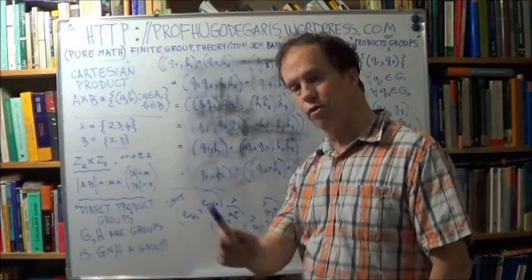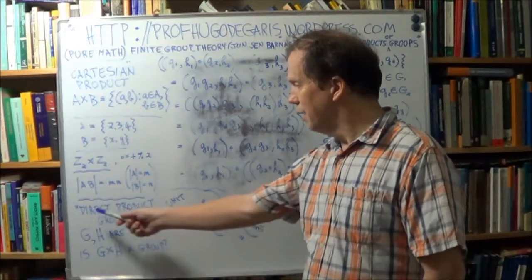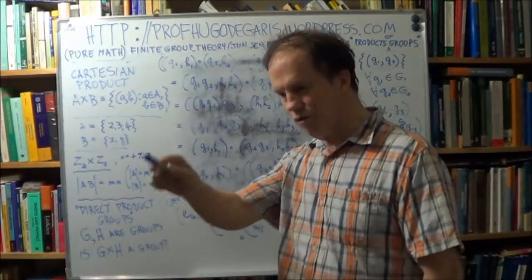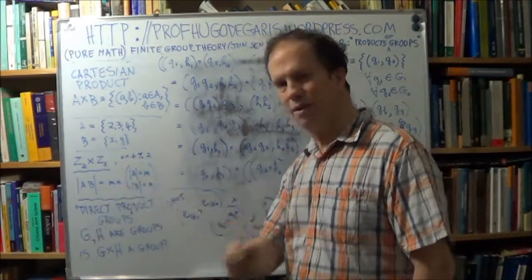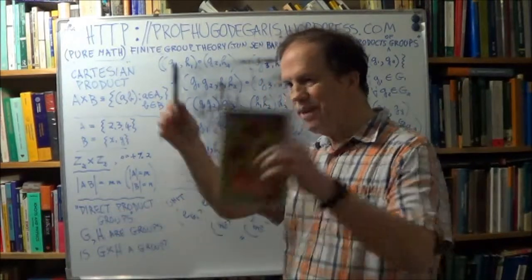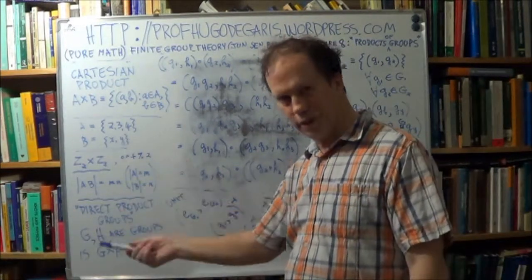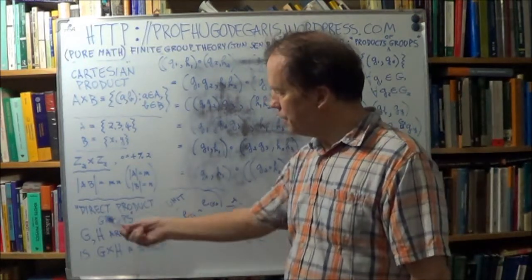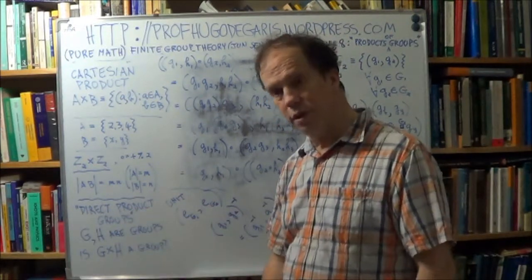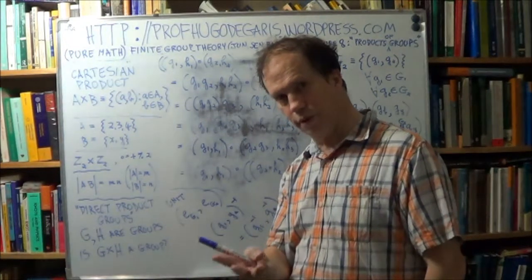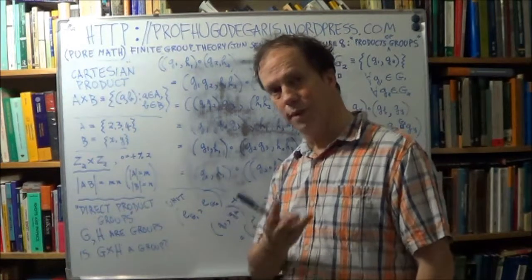In fact, there are three groups that get direct producted. So you have like group A cross group B cross C. And I won't go into details of what those groups are, but the basis of modern particle physics, the so-called standard model, uses a direct product of three different kinds of groups.